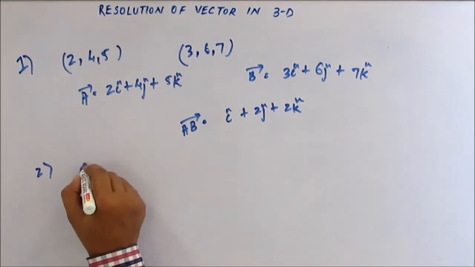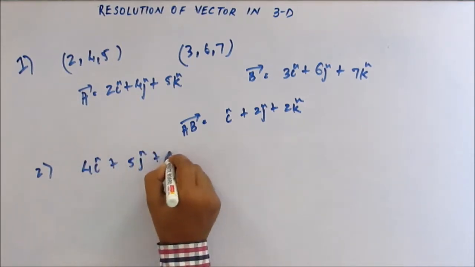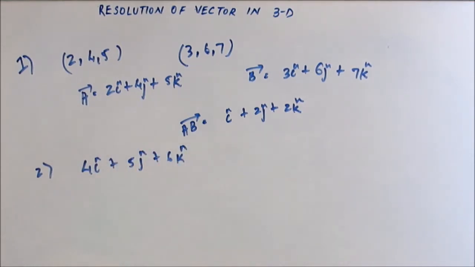Suppose there's a vector 4i cap plus 5j cap plus 6k cap. I'm asking you the direction cosines for this vector. Direction cosine, remember we studied when we were children.